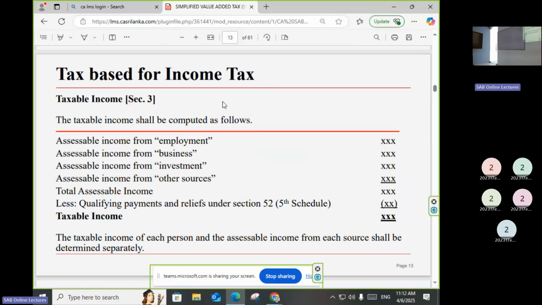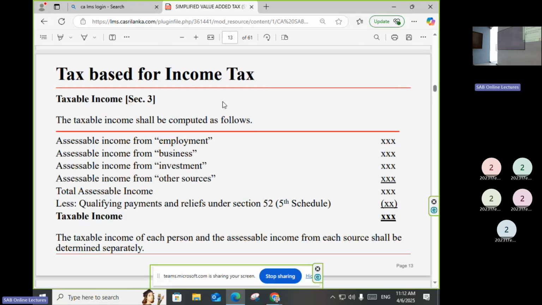Right? Assessable income. So there are four sources of assessable income. We call them source of income. Only these categories. That means the source is how that income is generated for the person. There are four avenues only for tax purposes. It could be employment, business, investment, or other.